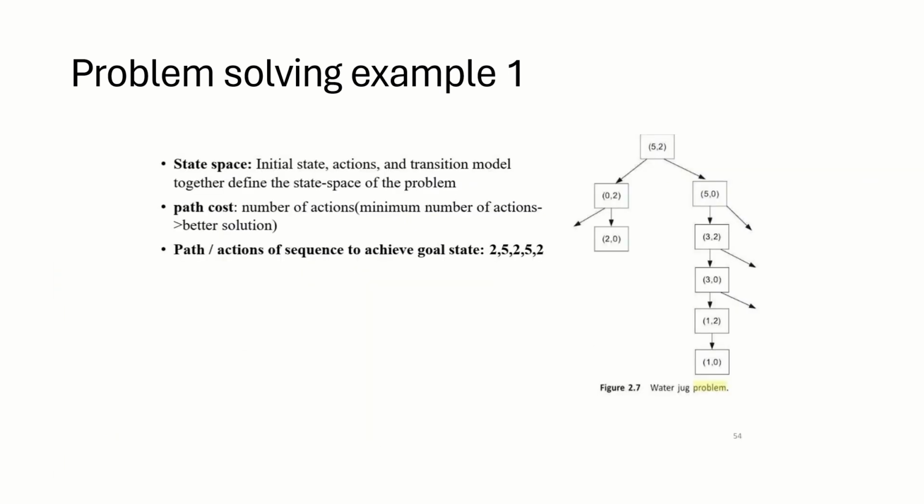So we can clearly see the goal state and the representation here. Now we'll see how we attain the goal state. As you know, the state space is a combination of initial state, action and transition model. Now we'll see how we will solve this problem. In the question we are given a 5-gallon jug and a 2-gallon jug, and our goal is to have exactly 1 gallon of water left in the 5-gallon jug.